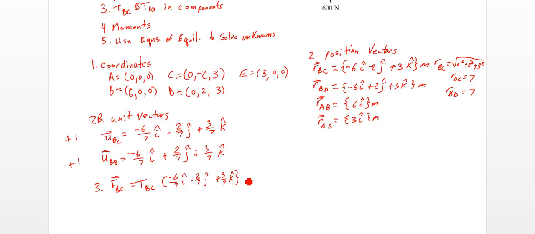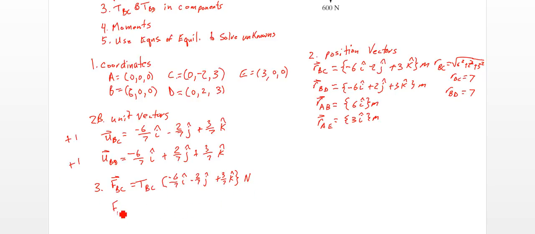And that will get us units of newtons. Our unit vector is unitless, our position vector had units of meters, so when we multiply the unitless vector by the tension, which has units of newtons, we have units of newtons for this force.